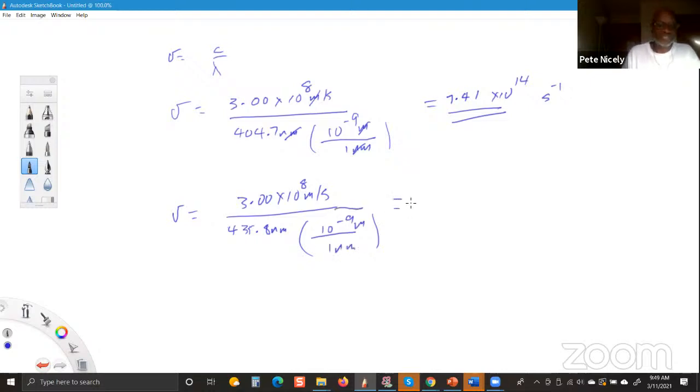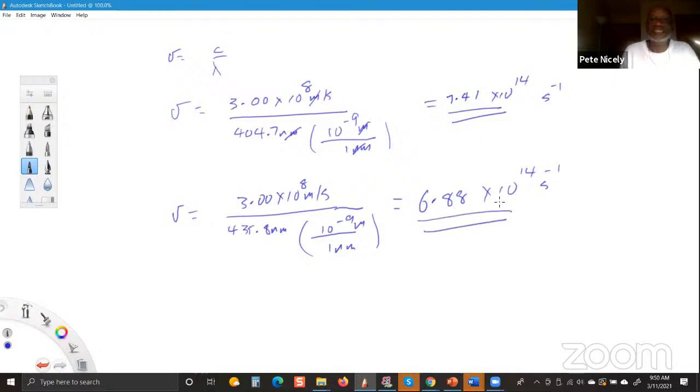And we do the same number crunching. So 3 times 10 to the 8 divided by 435.8 times 10 to the minus 9. And the answer I got for this one, rounded off to 3 sig figs, is 6.88 times 10 to the 14. So that's basically seconds to the minus 1.